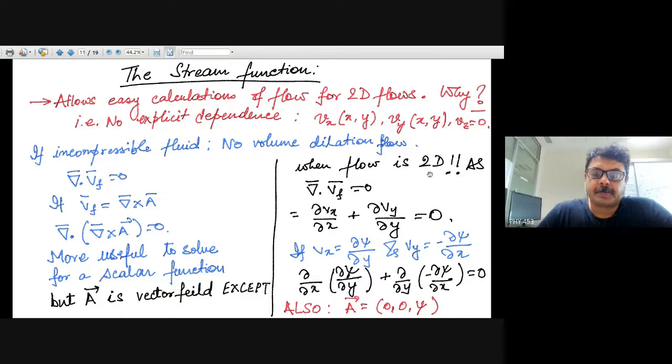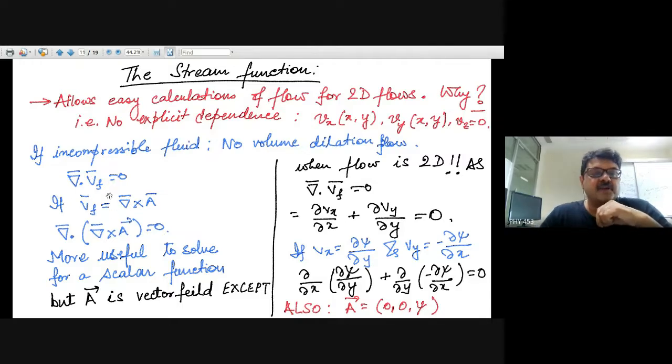The condition for incompressibility is divergence of Vf equal to 0. And if the divergence is 0, then the velocity field can be written as curl of a vector field, right? Because divergence of a curl of a vector field is always equal to 0.